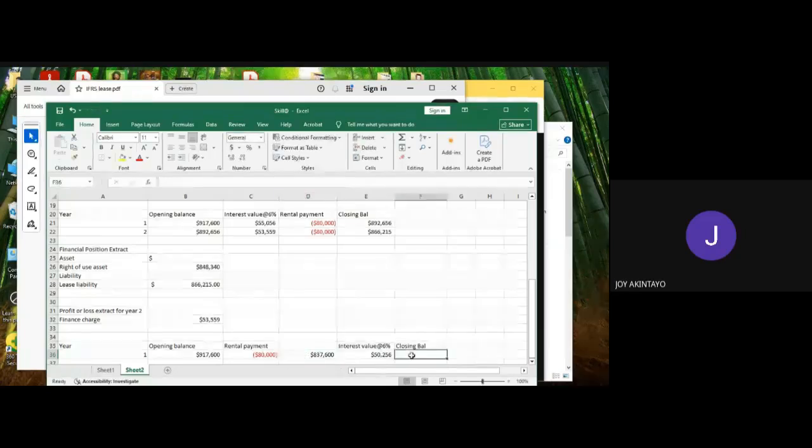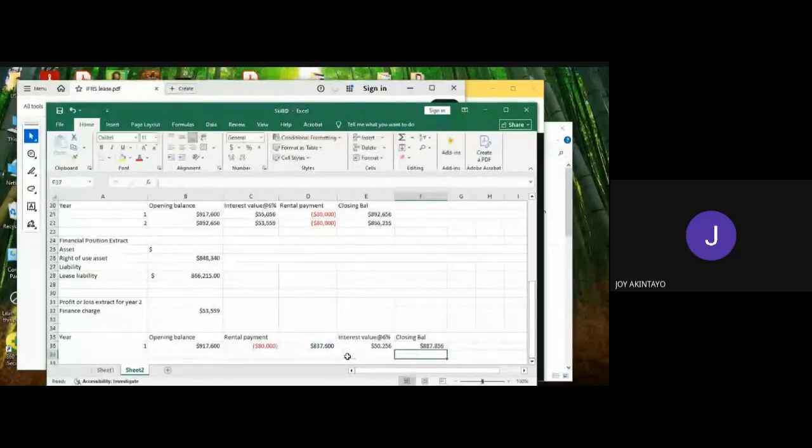Then your closing balance will be the addition of both, this plus this. Do you understand? 887,856.